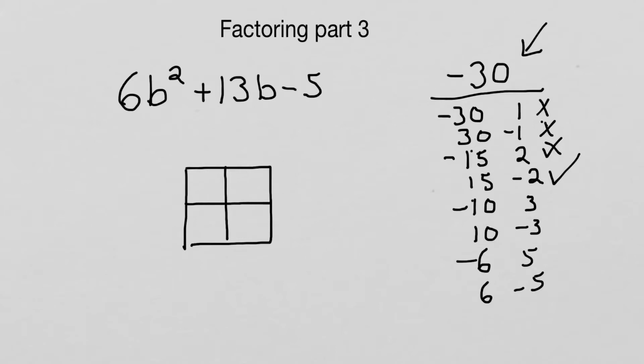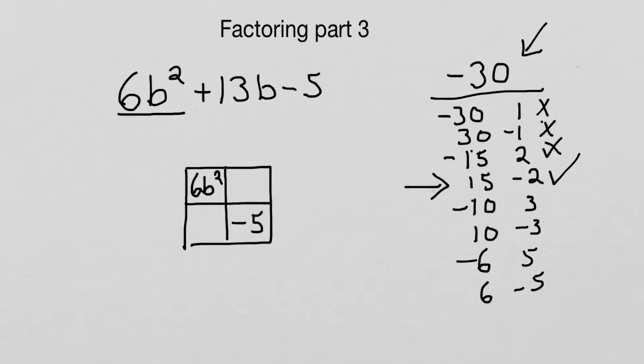I bring down my 6b squared and put it in the upper left-hand side. Then I bring down the negative 5 and put it into the lower right-hand side. Next thing I do is I go over and fetch the set that works.